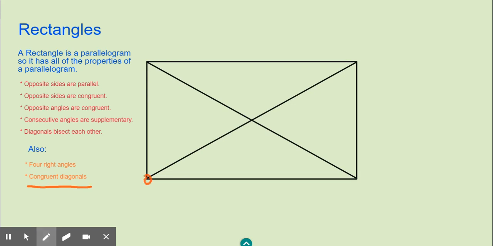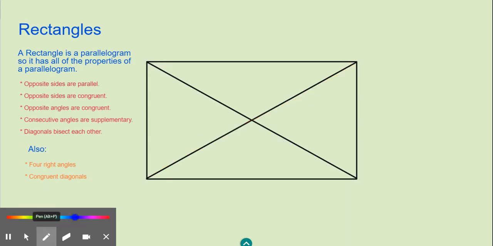In other words, if you started at this corner and you walk to this corner, that would be the same distance as going from this corner to that corner. So the diagonals are congruent. What that means is if we also know that they bisect each other, we also know that all of the pieces are congruent. All of them are congruent to each other in a rectangle.